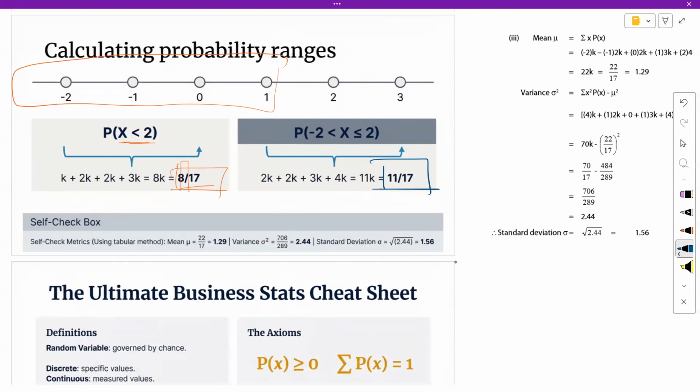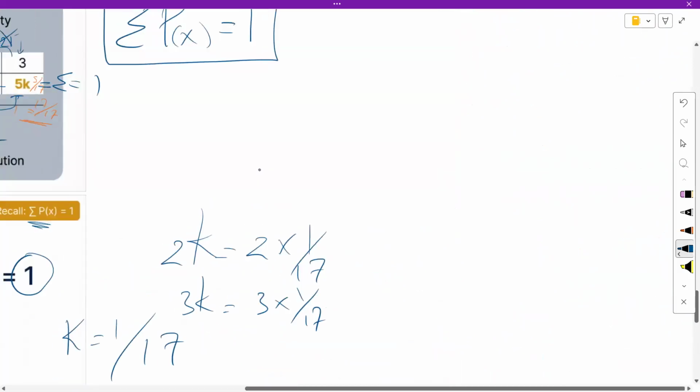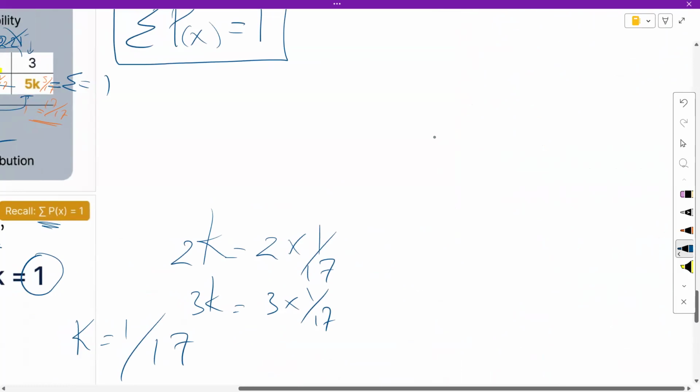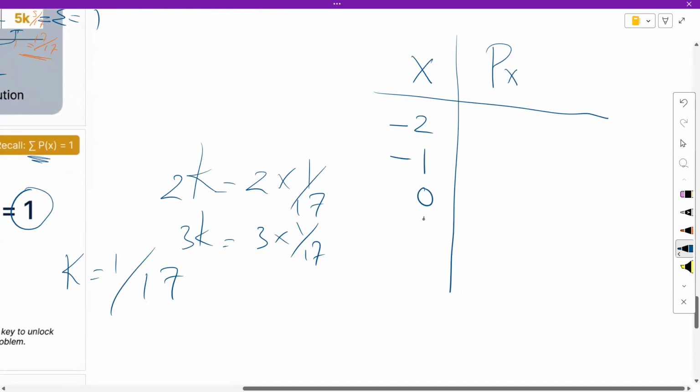Now we calculate the mean and standard deviation. Next question: find the mean and standard deviation of this distribution. For that, what we should do is prepare a table: value of x and probability of x. The values it takes are minus 2, minus 1, 0, 1, 2, 3.